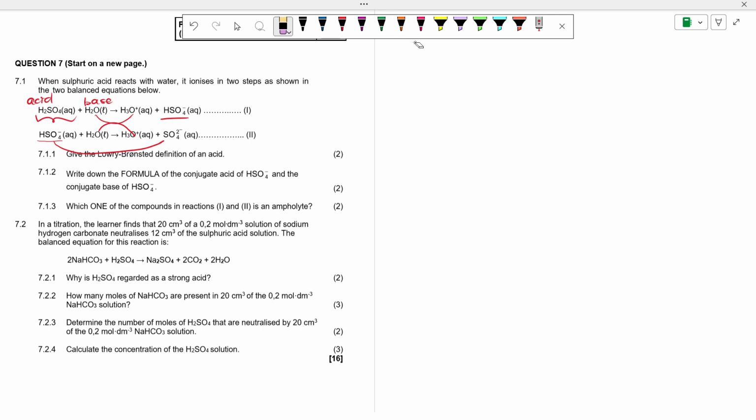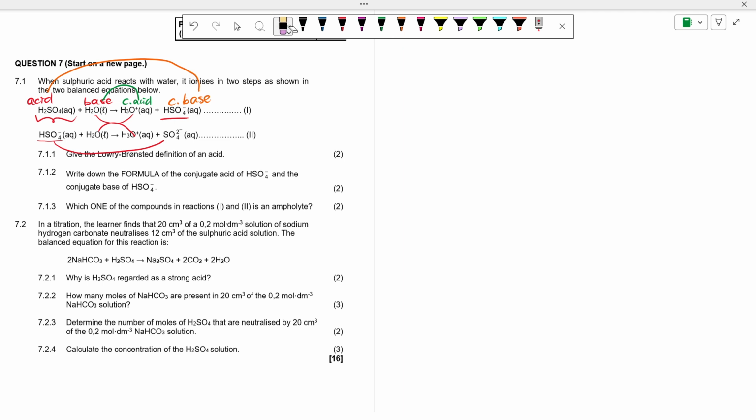So H3O plus is our conjugate acid, and those 2 are friends. And HSO4 minus on top is our conjugate base, and those 2 are friends. They are conjugate acid-base pairs.